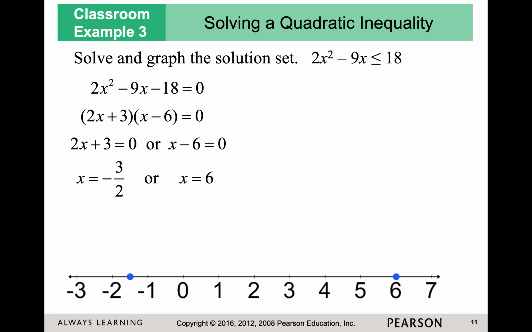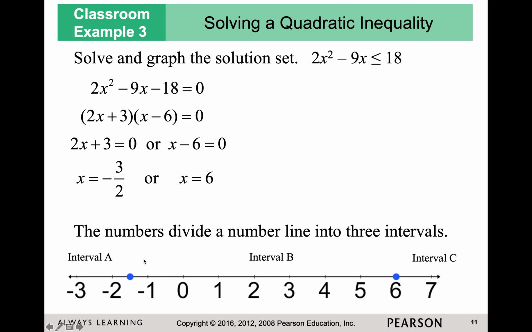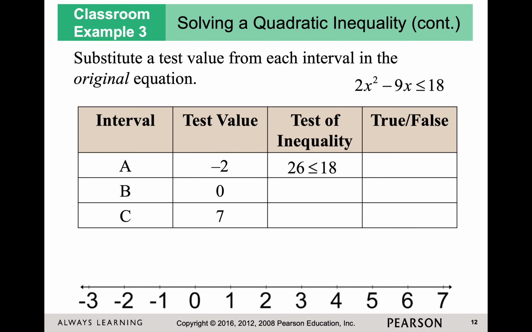So this is another example, but I wanted to highlight here that 18 does have to come over. Then I'm solving it like normal, and I get an x value. But because it's an inequality, I set up my number line, I set up my intervals, I choose a value from each interval to see if I get it true or false.